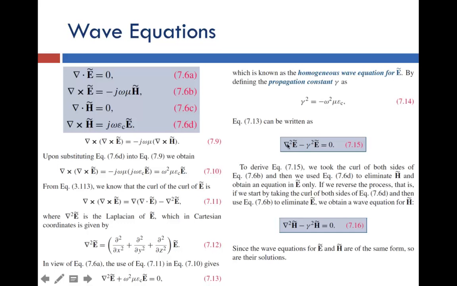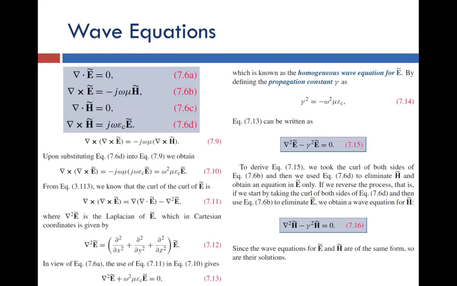That allows us then to rewrite the wave equation as shown here in 7.15: del squared of E minus gamma squared E is equal to 0. Now we actually could have done exactly the same operation that we did on equation 7.6b to equation 7.6d.